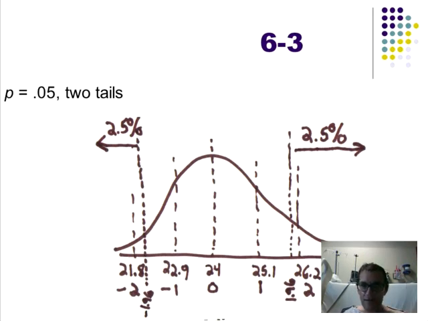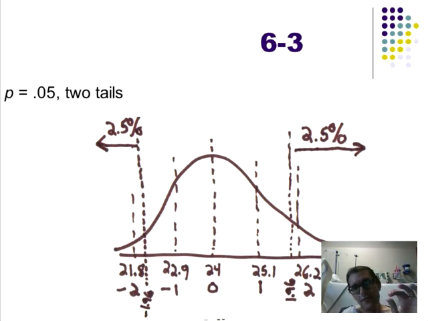So we're going to have to think about this a little bit. I want to take a very short step back. We know that if we find the number that sets off the top 2.5%, it will be the exact same number that sets off the bottom 2.5%, because of the mirror image nature of this curve. So once we have one, the other one is just the negative, the opposite.